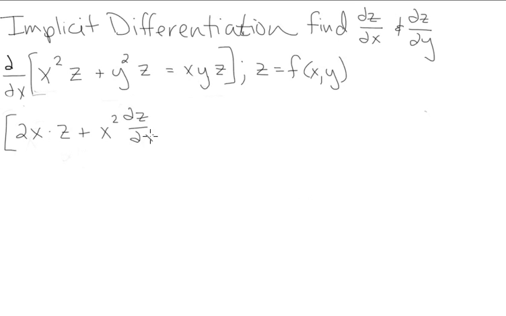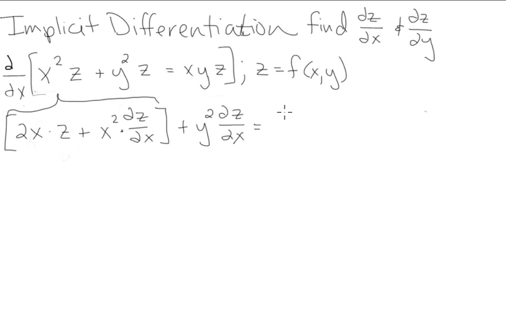Now, I don't know what the derivative of the second term is, so I just write dz dx. So these two terms together are the derivative of that first term. For the second term, the y is not a function of x, so I'll treat it like a constant, times the derivative of z. I don't know what it is, so I just write dz dx.